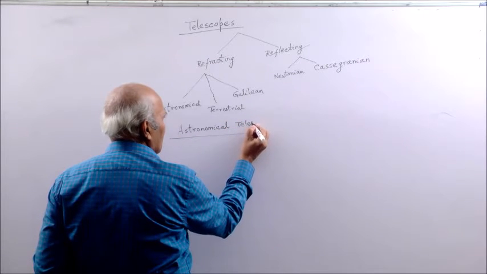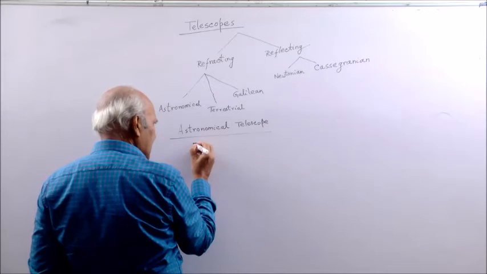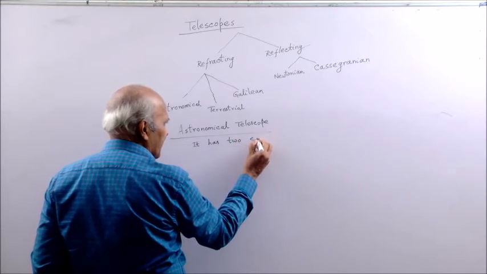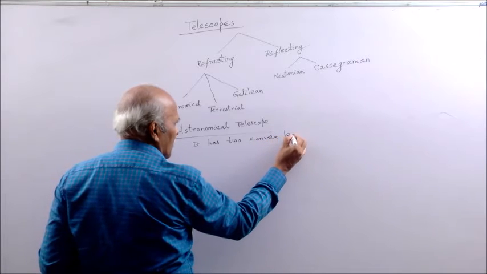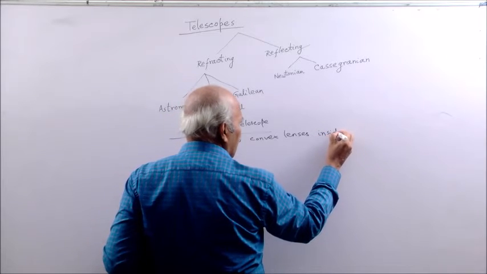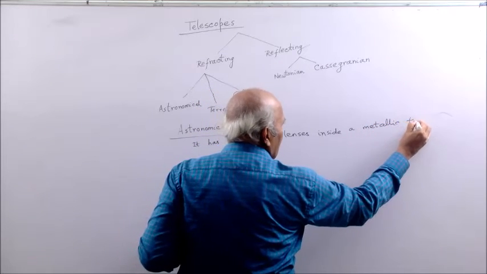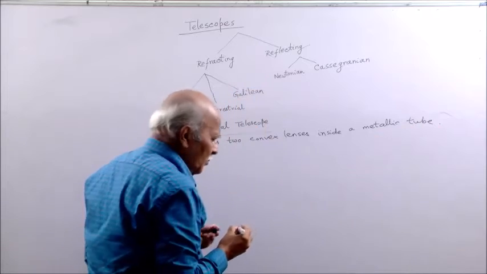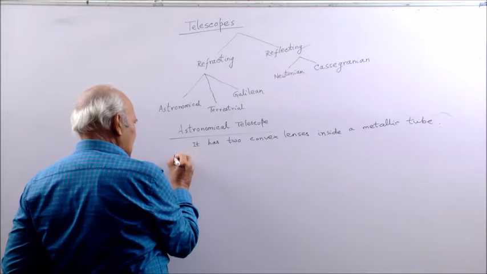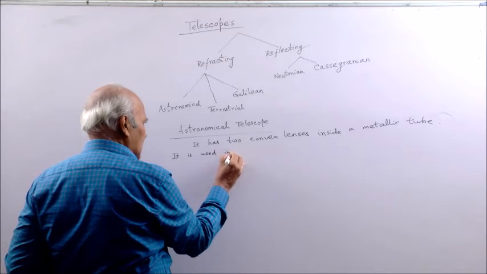It is similar to a compound microscope, as it has two convex lenses inside a metallic tube, and there is an arrangement to change the positions with the help of a screw, and it is used in two ways.